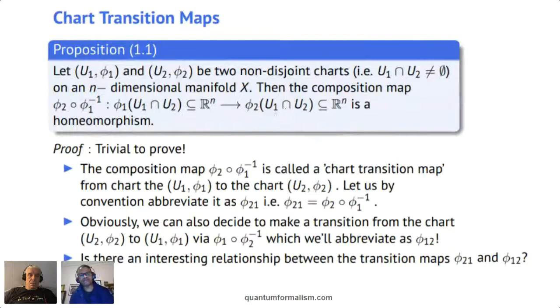So the transition maps are from part of Rn to Rn, which is why they are very useful. Which is why they are powerful, because suddenly you have maps in Rn that you know how to do calculus on, you know how to do all sorts of stuff, right? Because they are just maps from Rn to Rn.